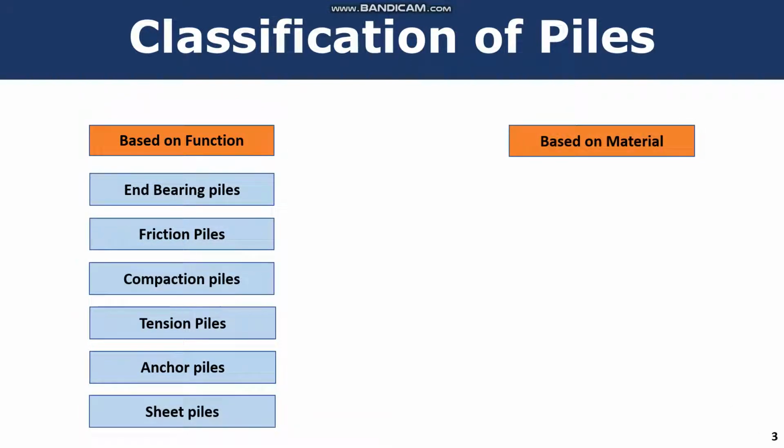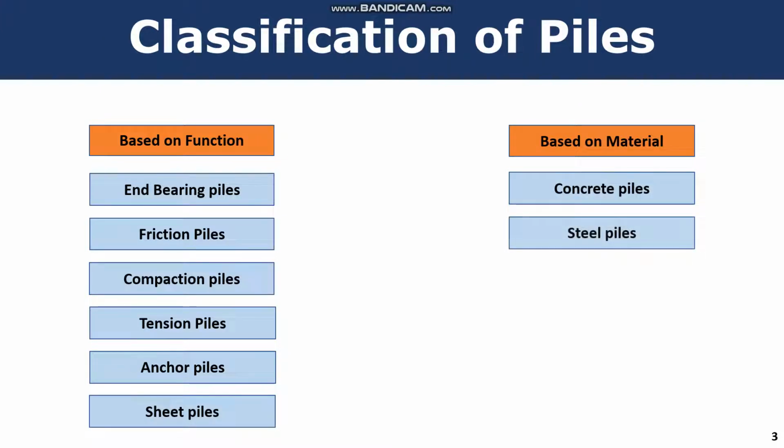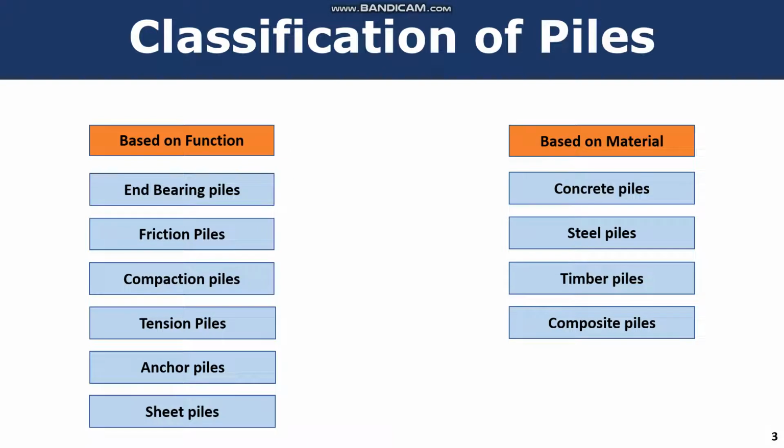On the basis of material, they are classified as concrete piles, steel piles, timber piles, and composite piles. Composite piles are made by a combination, which can be concrete and steel, or concrete and timber as well. So these are the composite piles.